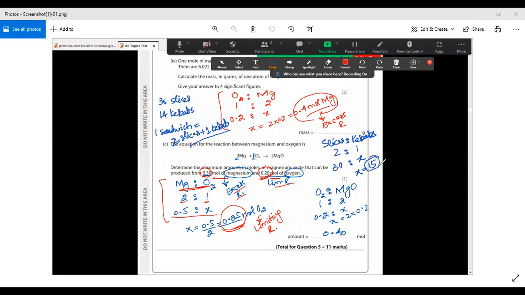Now, it tells me I require 15 kebabs, but I actually have 14, which automatically makes kebabs the limiting reactant and slices the excess reactant. So that was my first step over here.